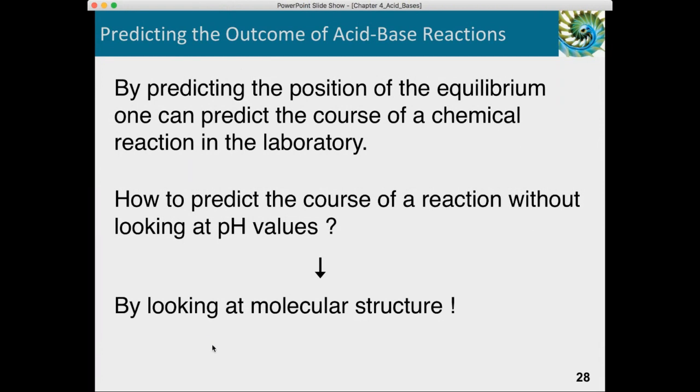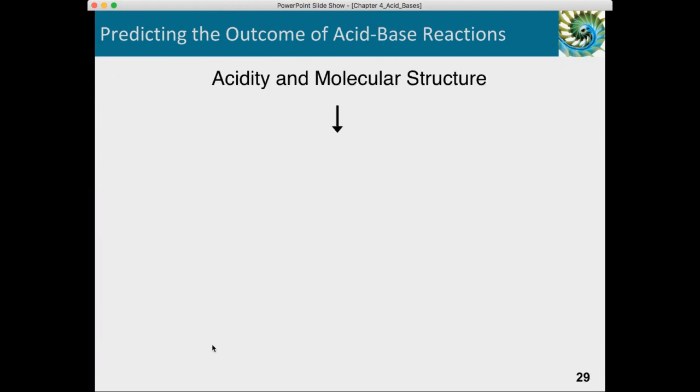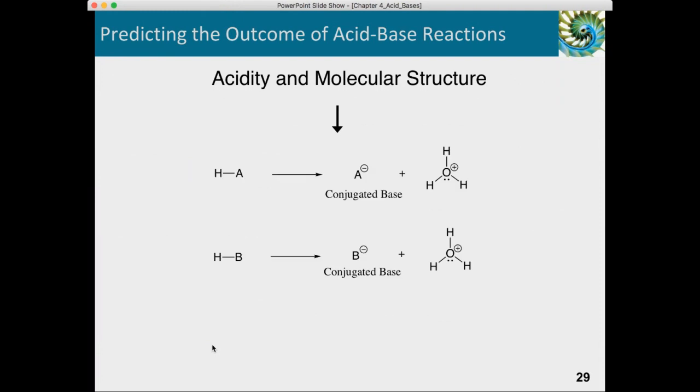So let's see, what do I mean by that? That's what I call the relationship between acidity and molecular structure. Let's say we have two acids here, HA and HB, and we want to determine which of these two is a stronger acid.